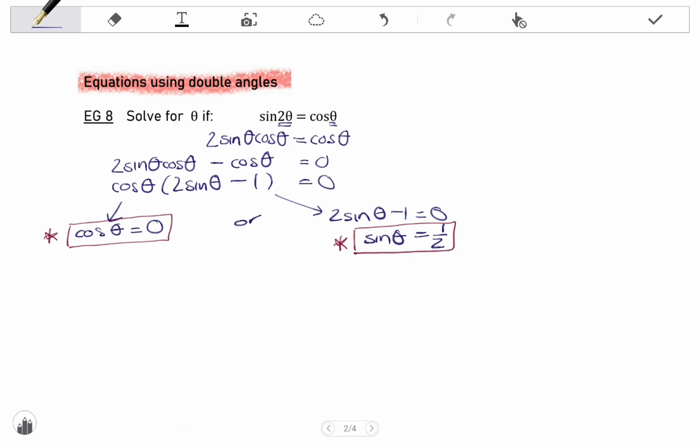Okay, now 0 is a significant point because that's where the graph of cos theta has its x-intercepts. So if you know the graph of cos theta, you could straight away know the answer to this as being theta equals 90 degrees plus k times 180 degrees, where k is an element of integers.